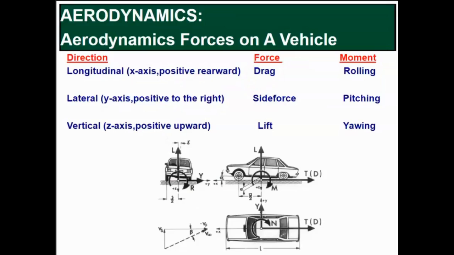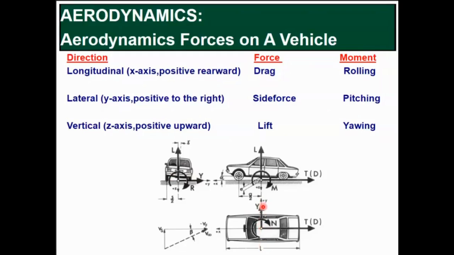And then kalau ada moment kat sini, maksudnya rolling, dia pun akan ada effect lah. Same goes to the lateral direction, y-axis. For example, ada side force lah. The value will be positive to the right.